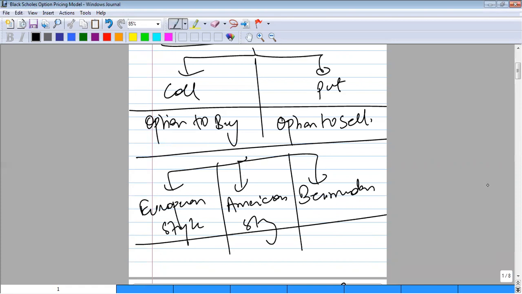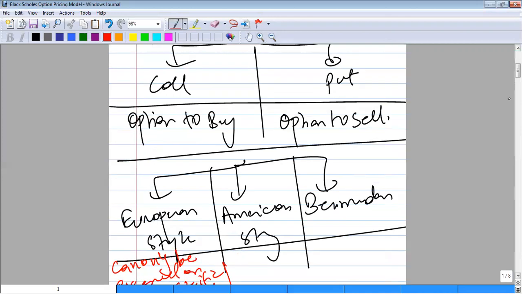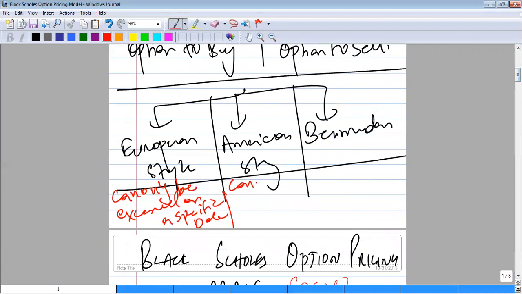European style options can only be exercised on a specific date. American style options can be exercised up till maturity.